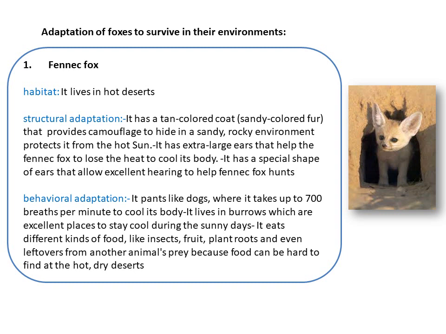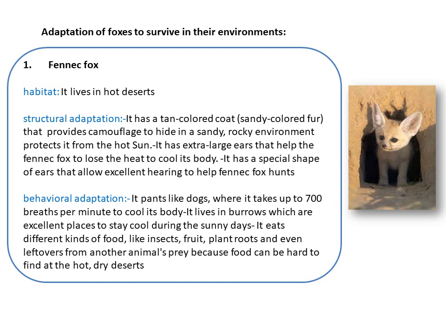And for the behavioral adaptation, they pant like dogs. What's the meaning of pants? Dogs are all the time panting, like taking breaths, too many breaths per minute, and it takes up to 700 breaths per minute to cool its body for the fennec fox.